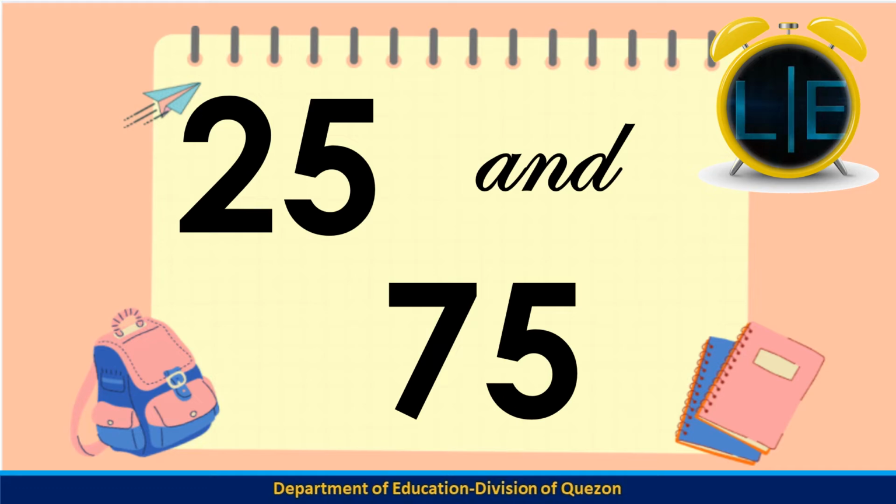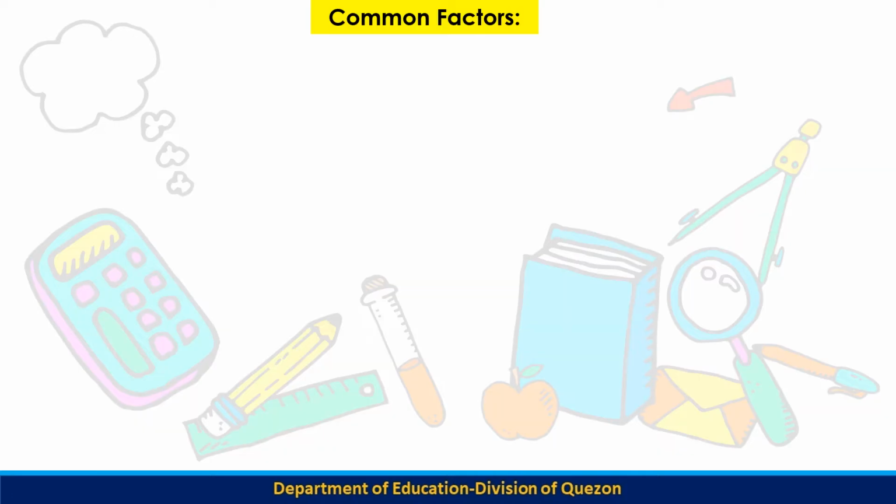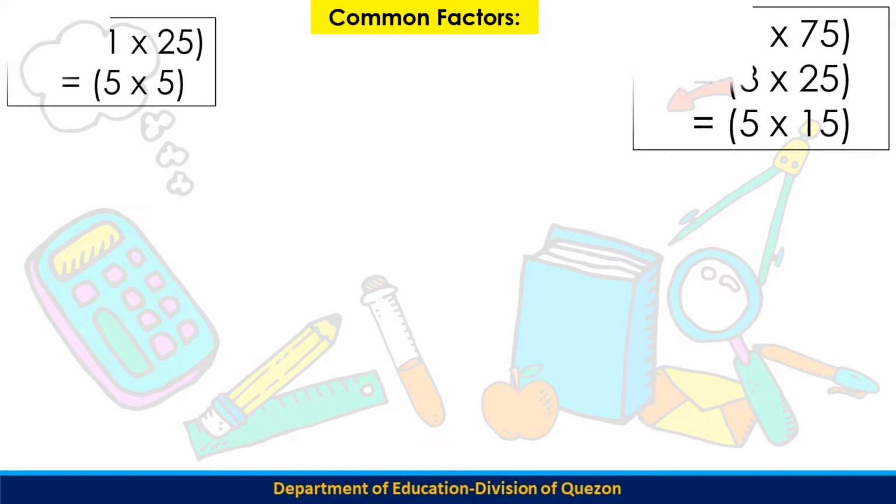Okay, time's up. The answer is 1, 5, 25 in common factors and 75, 150, and 225 in multiples. Paano po nakuha yun? Let us see. In common factors, we have 25 which has the factors of 1 times 25 and 5 times 5.